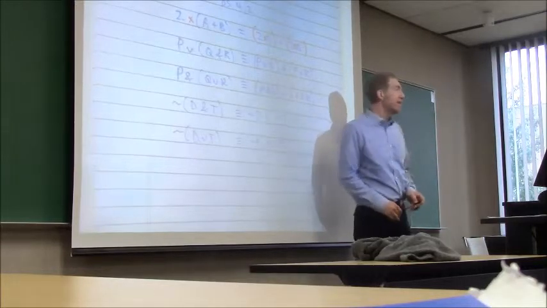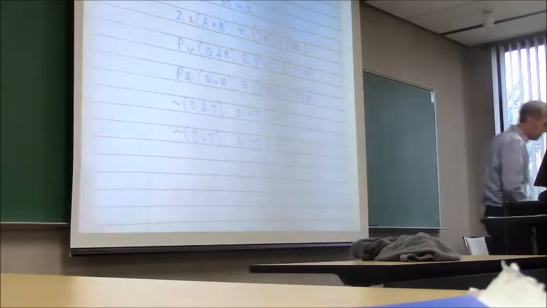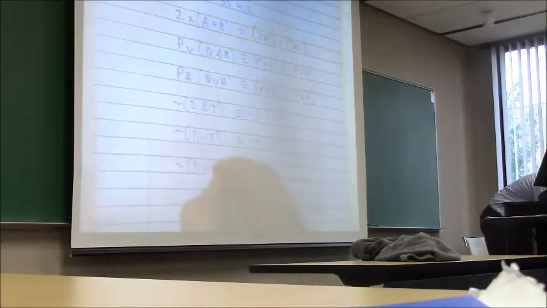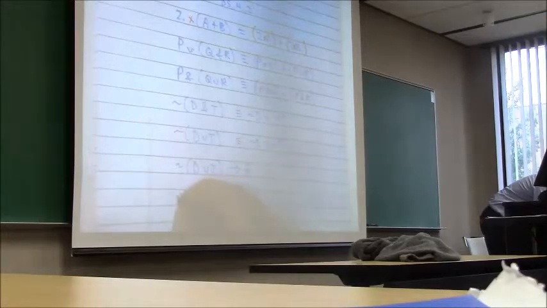Alright? And again, remember, you can do this on parts of lines. So if you have something like this, not D or T, then E, that can become not D and not T, then E, by De Morgan's law.